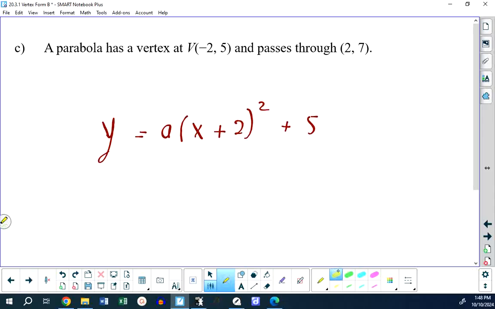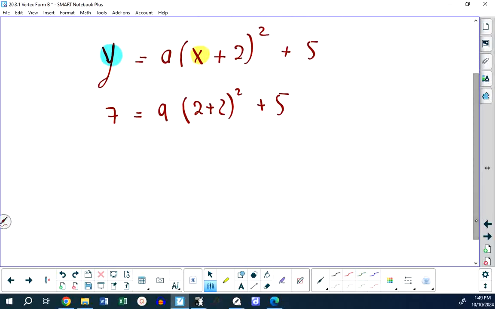You can load in an ordered pair, put 2 in for x, 7 in for y, and get 7 is equal to a times 2 plus 2 squared plus 5. Simplifying this, you get 7 equals 16a plus 5, because 2 plus 2 is 4, 4 squared is 16.